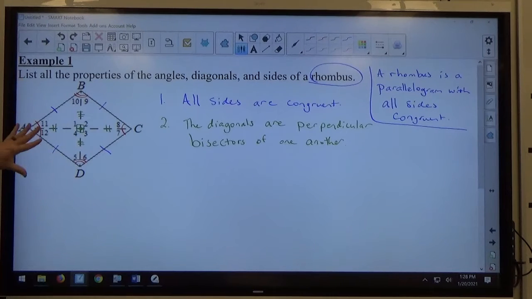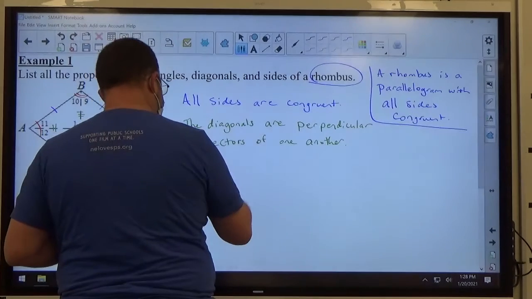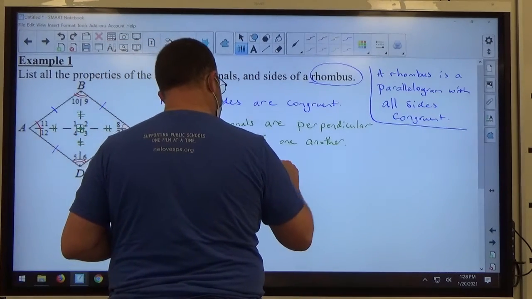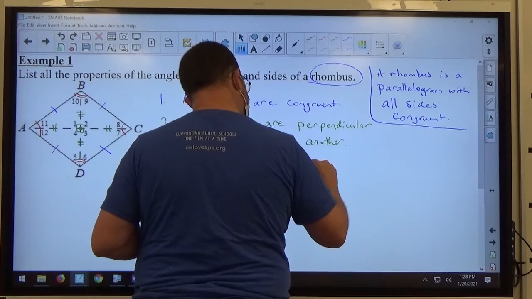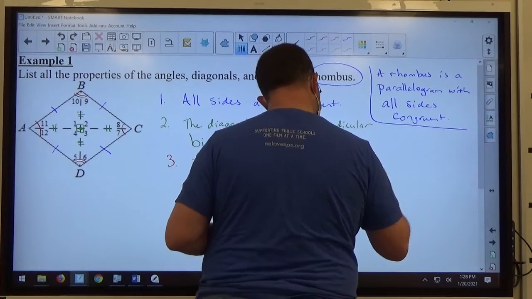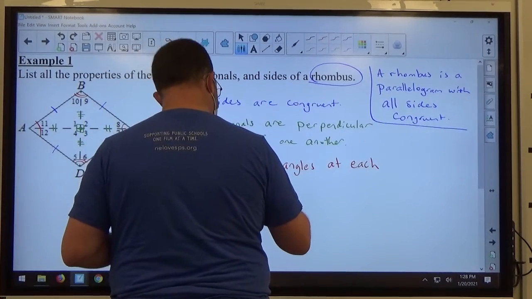So they're not the same necessarily. These don't have to equal each other, but these have to equal each other, those have to equal each other. So number 3, the opposite angles at each vertex are congruent.